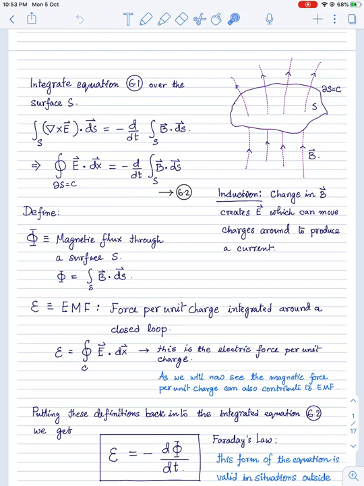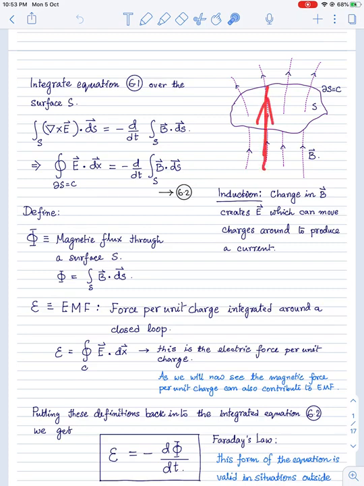So the EMF is going to be produced in a direction which will first give rise to a current, and that flowing current will again give rise to a magnetic field, and the direction of that magnetic field will be in such a direction so as to oppose the change. Okay, so as to oppose the initial change in the magnetic field.